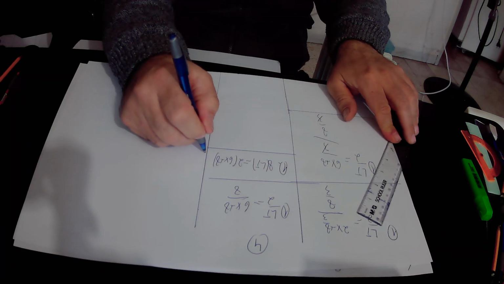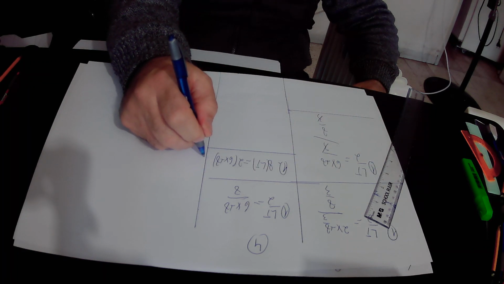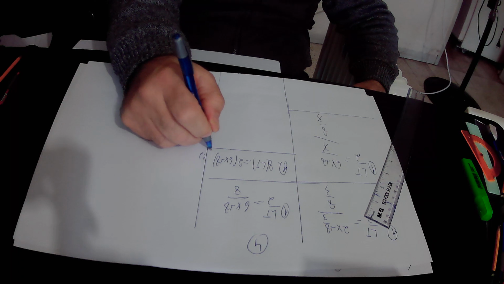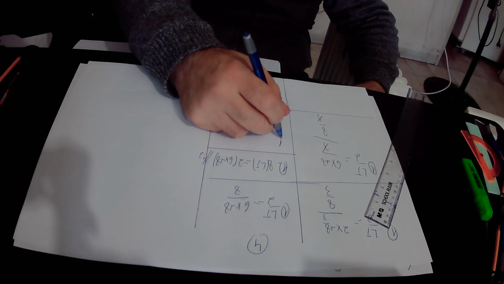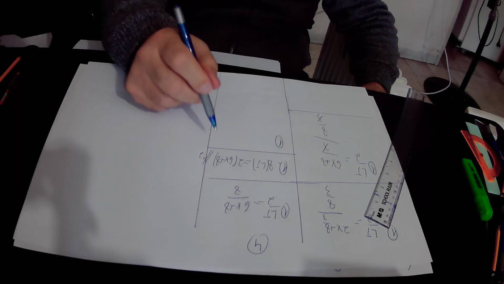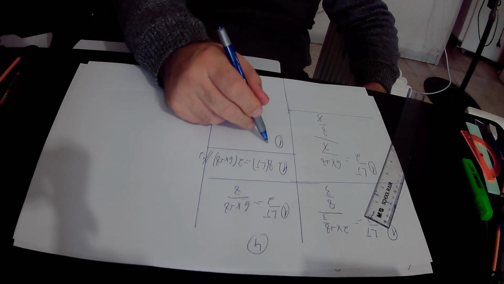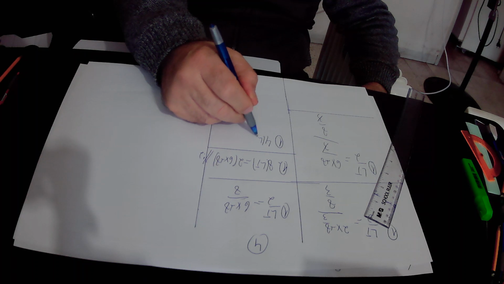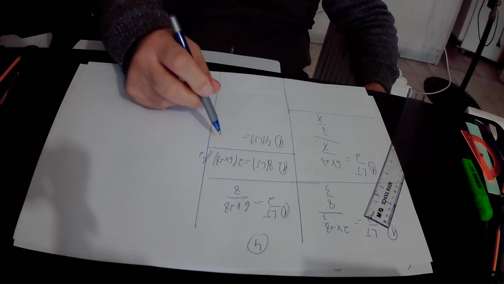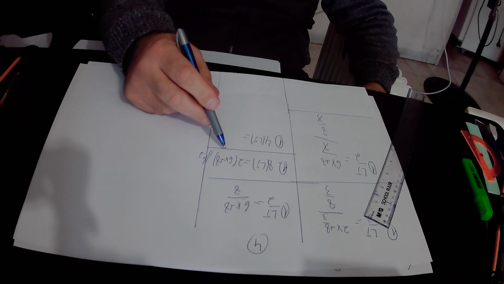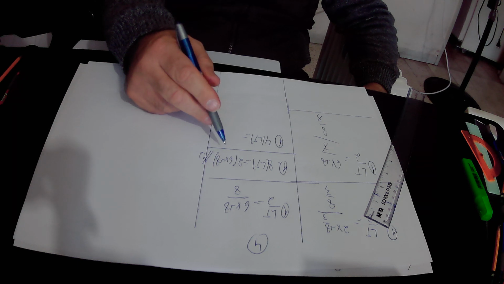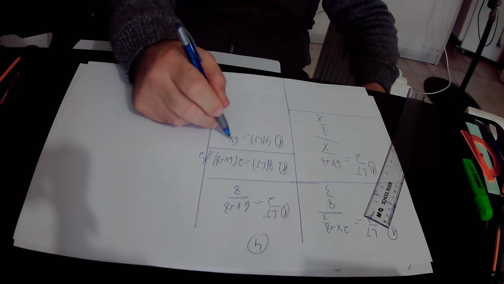Here we divide this equation by 2, and we get that on this side of the equation we have 8 over 2 is 4, so in total 4LT. That equals 2 over 2 is 1, so on this side we are left only with 6x plus 8.